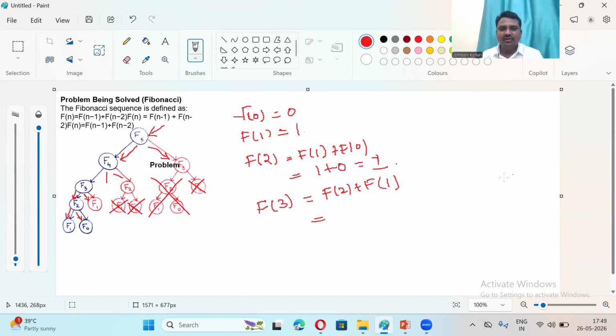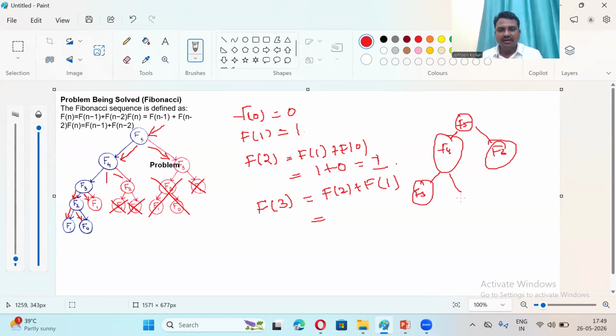What is the basic structure of this? This one is f5. This will be calling f4 and f3. Again f4 calls f3 and f2. Then what is f3? It calls f2 and f1.